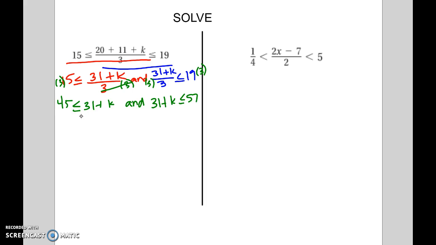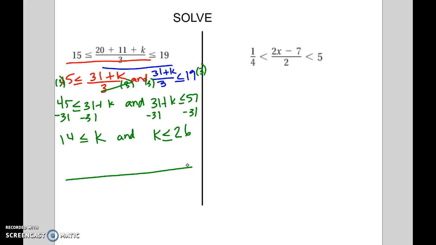Subtract 31 from both sides. So we end up with k is greater than or equal to 14, bracket, going this way, and it's less than or equal to 26, bracket, going this way. So they're shaded in between.